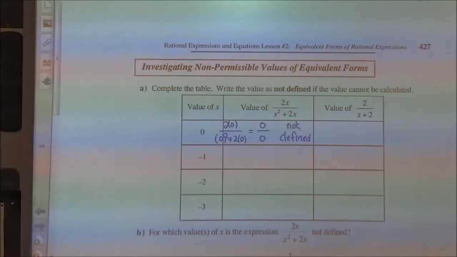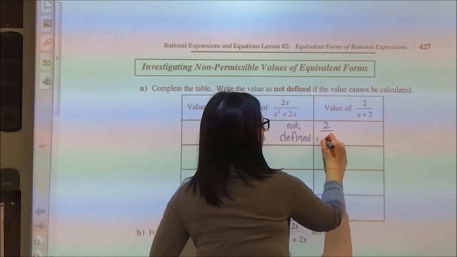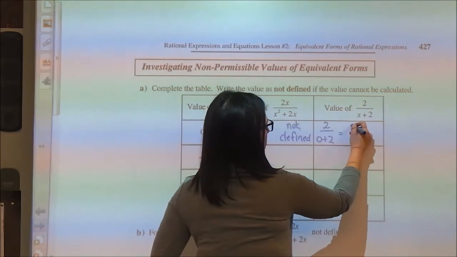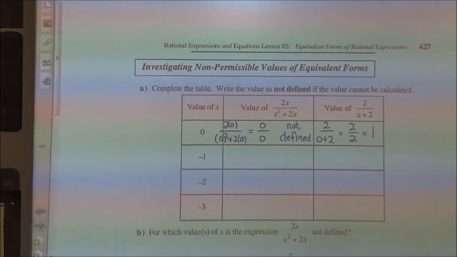If I do that to the second expression, I get 2 over 0 plus 2, which gives me 2 over 2, and a value of 1. So they're no longer equivalent for this value.